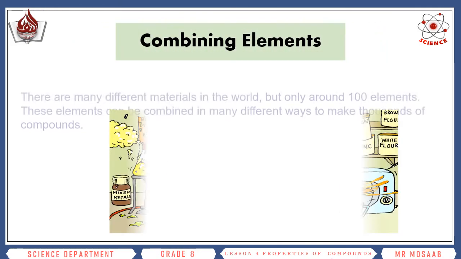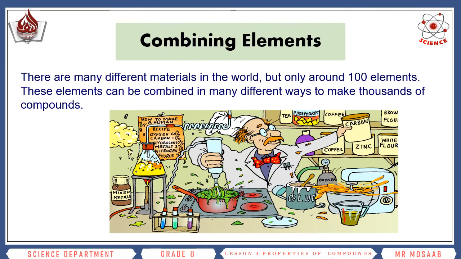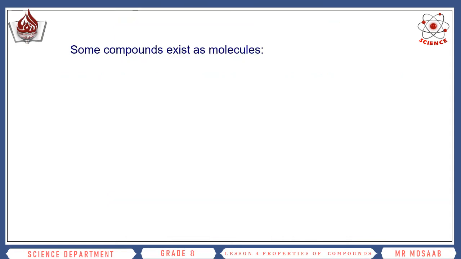Combining elements. There are many different materials in the world, but only around 100 elements. These elements can be combined in many different ways to make thousands of compounds. Some compounds exist as molecules.